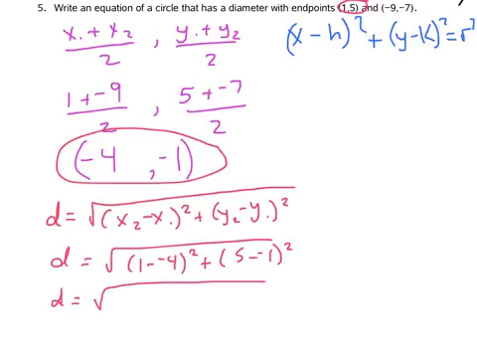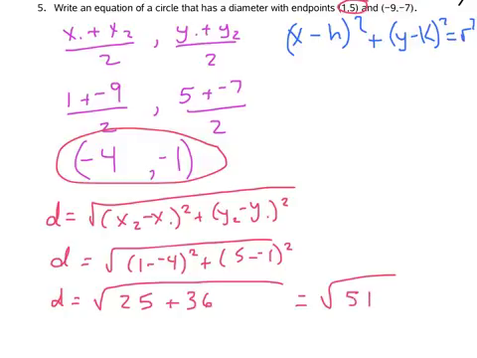Alright, so 1 minus negative 4 is positive 5, and 5 squared is 25. 5 minus negative 1 is positive 6. Positive 6 squared is 36. And 25 plus 36 gives me the square root of 61.